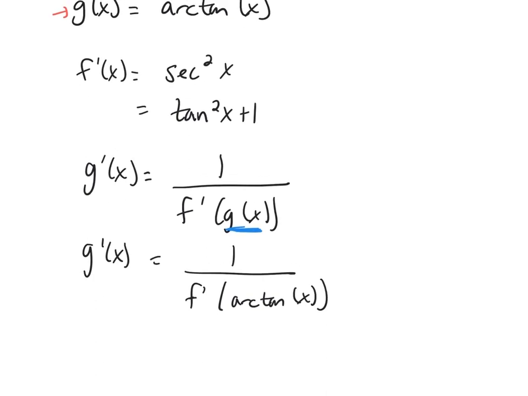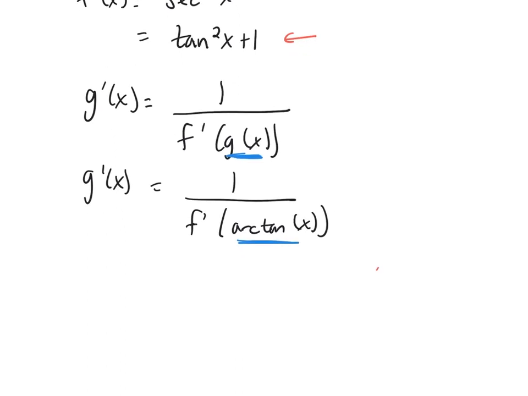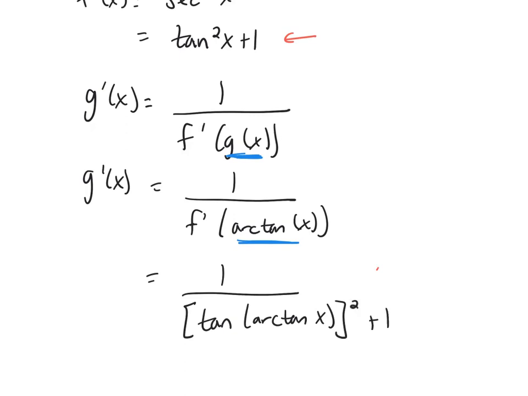Now you're going to go into your derivative function, which is up here, and you're going to plug in arctangent of x in place of x. So this becomes 1 over tangent of arctangent of x squared plus 1.